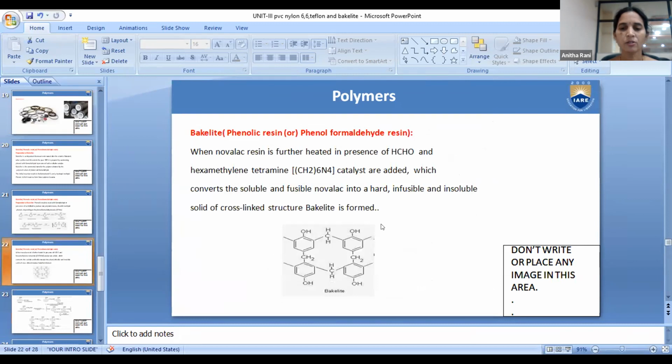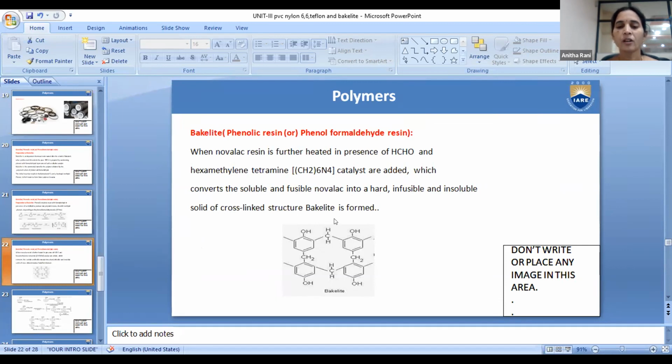When we heat that mixture, it converts the soluble and fusible Novolac into a hard, infusible and insoluble solid of cross-linked structure.